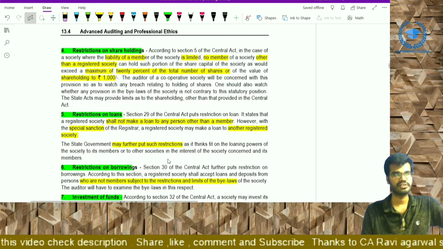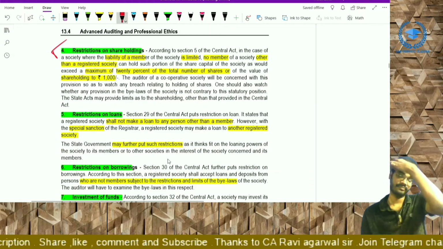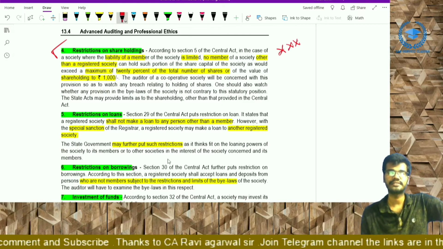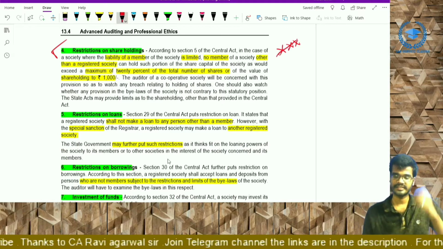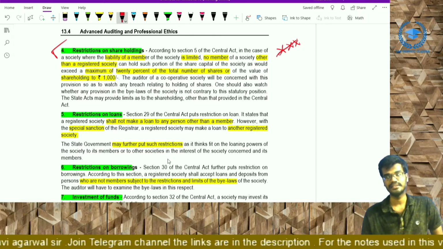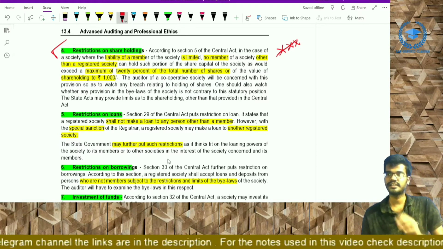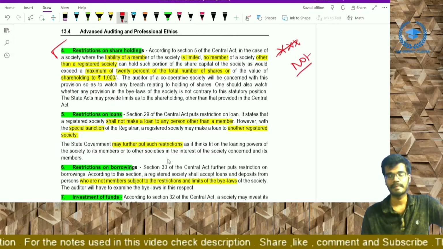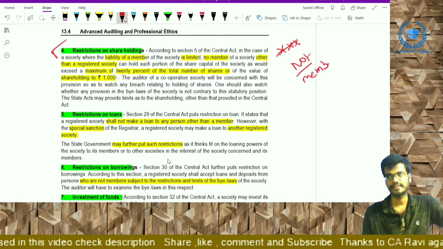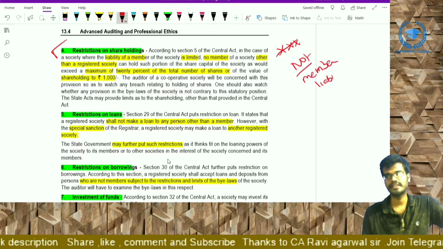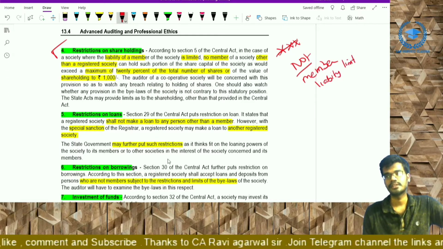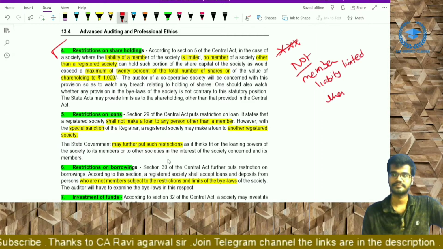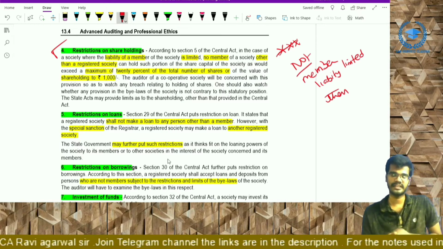And coming to the restriction on shareholdings, this is an important point.